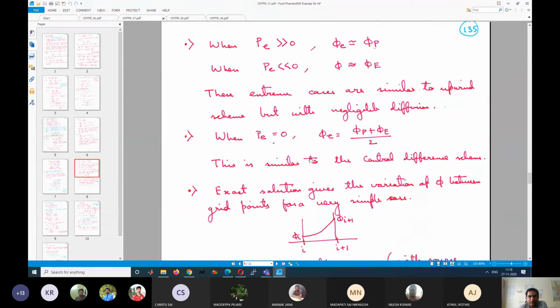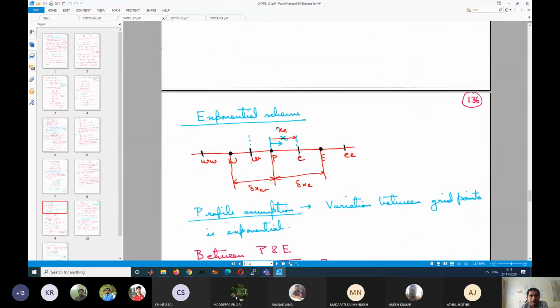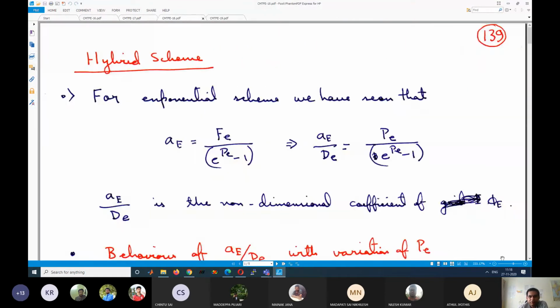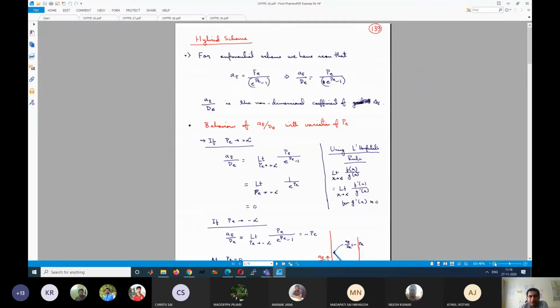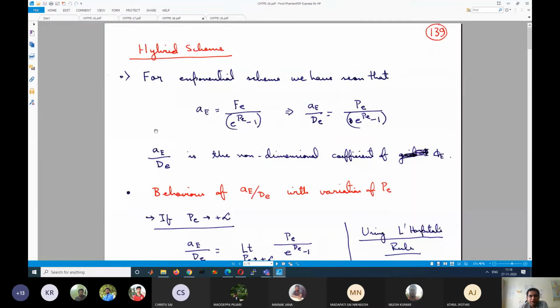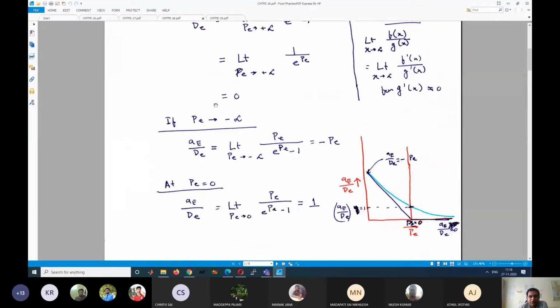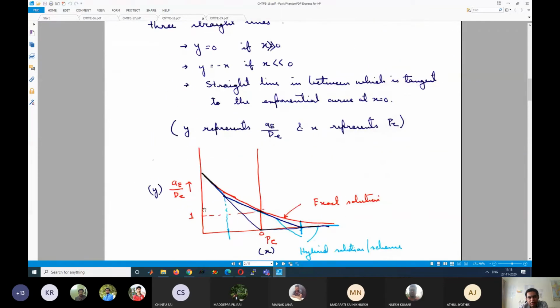Like this, we have seen different cases, and two other cases which mimic the exponential scheme, but the computational efficiency is much higher. For example, the hybrid scheme mimics the exponential scheme by using three straight lines: one going from minus infinity Peclet number to minus 2, a second from minus 2 to plus 2, and a third from plus 2 to infinity.